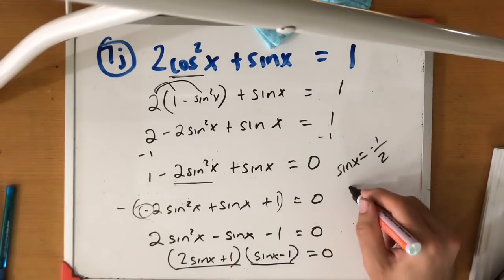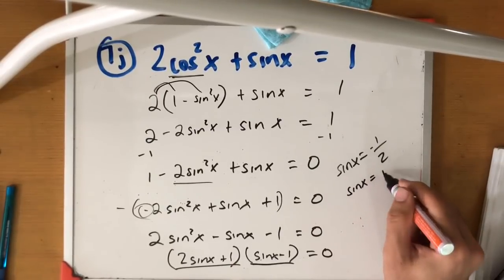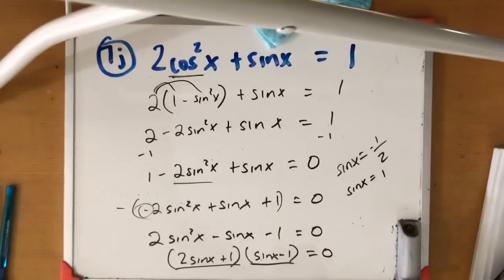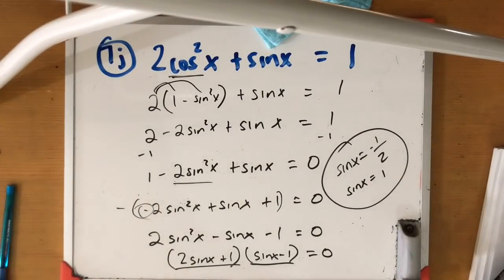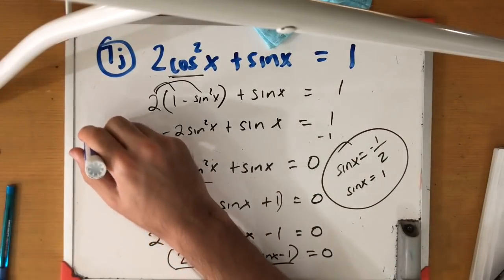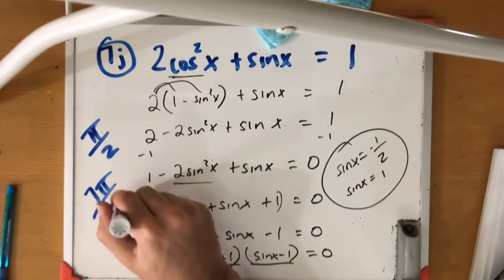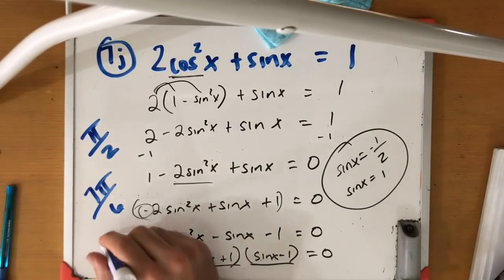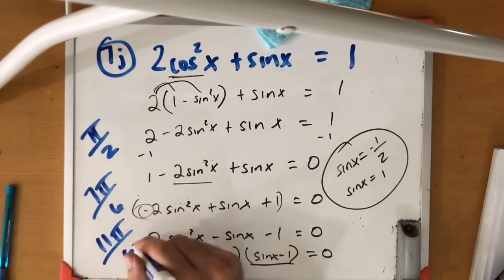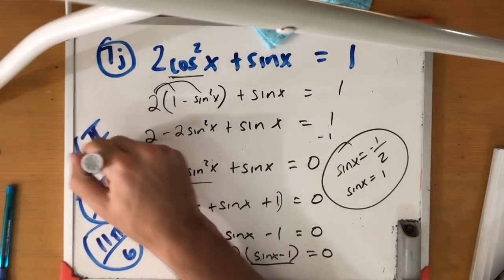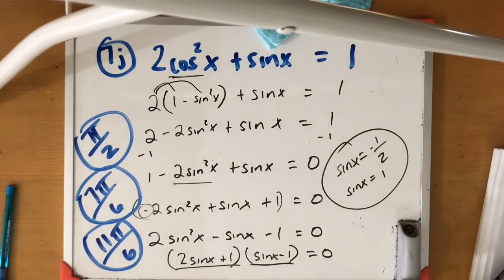Set this equal to 0, and sine x would end up being equal to 1. These actually fall under our unit circle, so you can simply look those up. Your answers would end up being pi over 2, 7 pi over 6, and 11 pi over 6. So those are what those are when it comes to base angles.